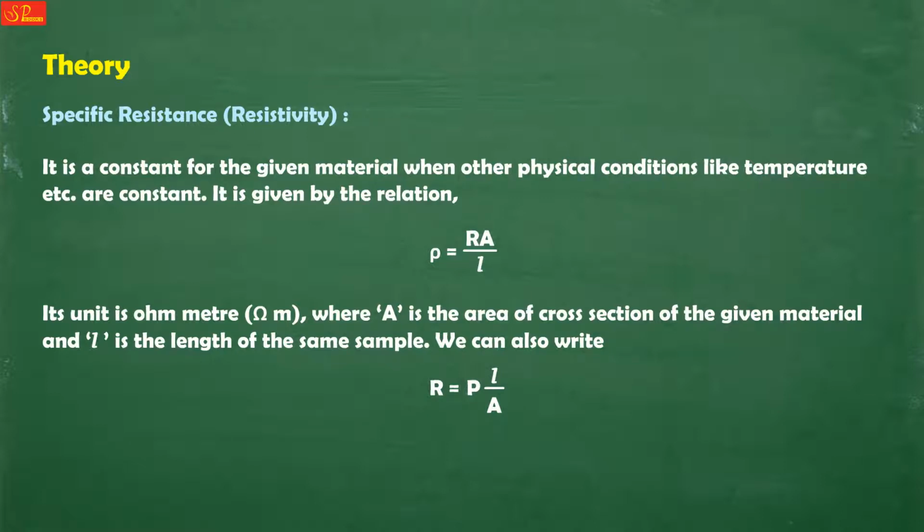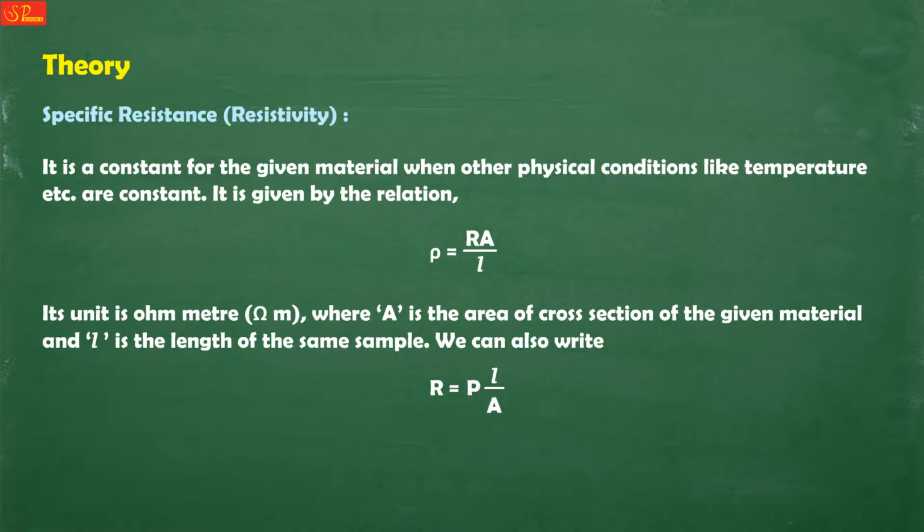It is given by the relation rho equal to RA by L. Its unit is ohm meter, where A is the area of cross section of the given material and L is the length of the same sample. We can also write R equal to rho L by A.